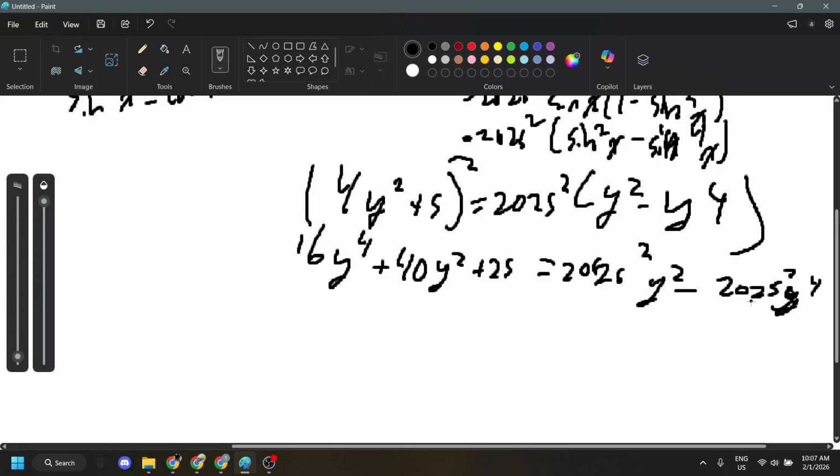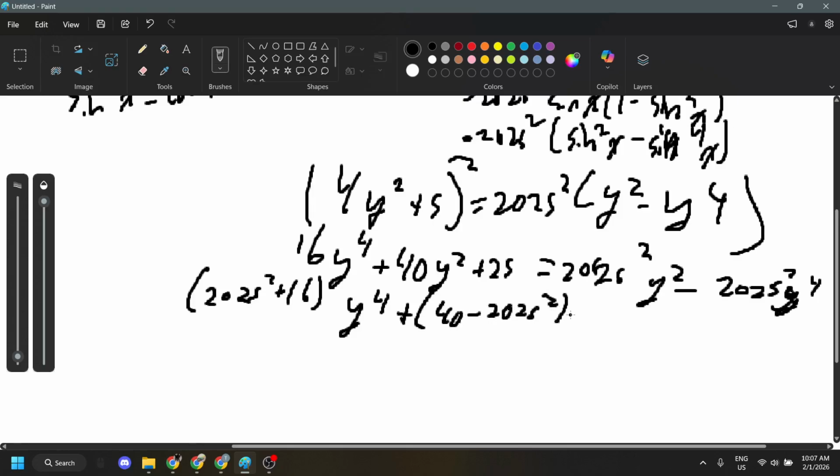And this is a 4th power equation. So this would be 2025 squared plus 16 times y to the 4, plus 40 minus 2025 squared times y squared, plus 25 is equal to 0. But I can't solve 4th degree polynomials like that.